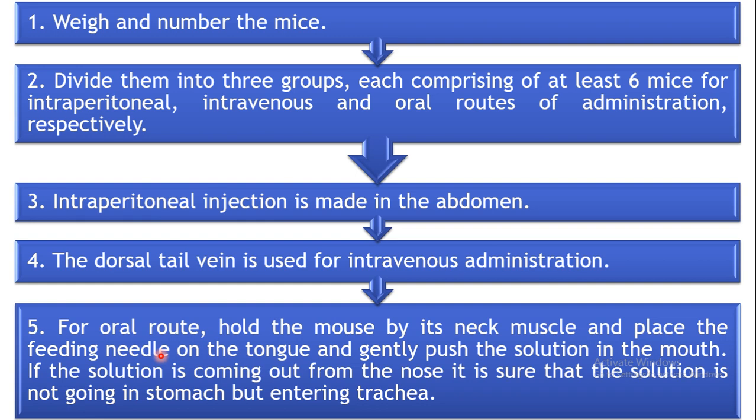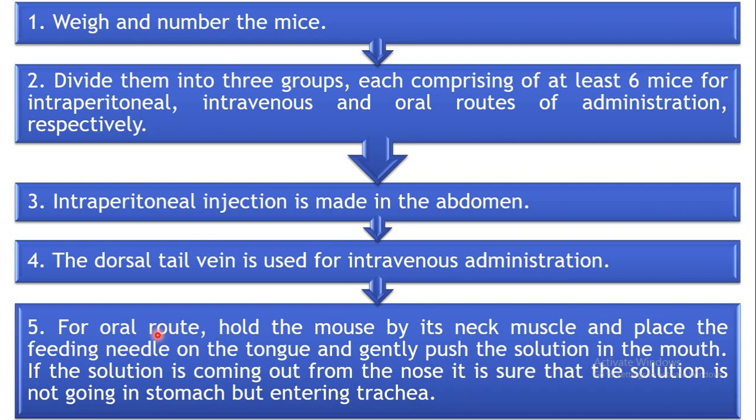Your feeding needle is placed just onto the tongue and gently pushed downwards, and gently the solution is pushed into the mouth. While administering the drug by this oral route, you should be very careful, because sometimes the needle may be inappropriately placed.